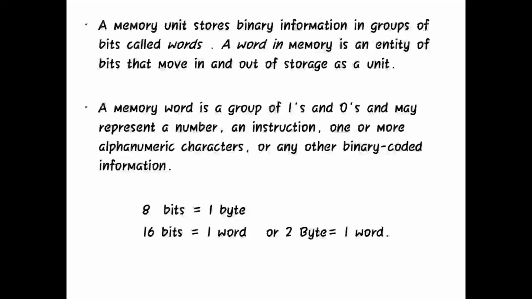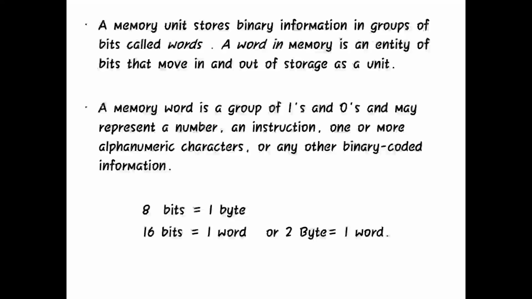So another piece of information is a memory word. Now coming to a single word: 16 bits form a word. This memory word is a group of, obviously, binary ones and zeros, and this group may represent a number, or it may represent an instruction, or it may be alphanumeric.